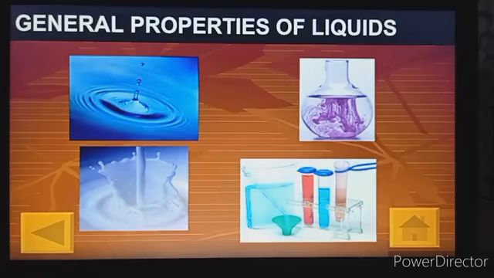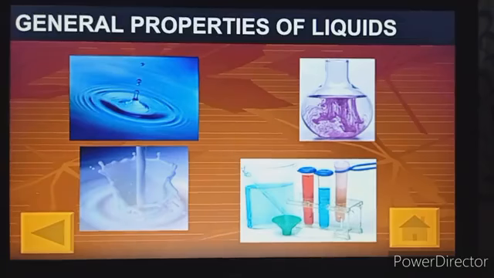Well, as you know, the intermolecular force in liquids is weaker than in solids. So, the molecules are farther apart and are not tightly held in their positions. Therefore, they can slip over one another, and this is the reason the liquids can flow.